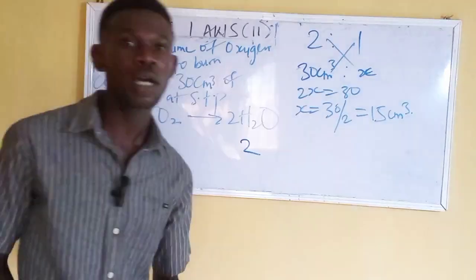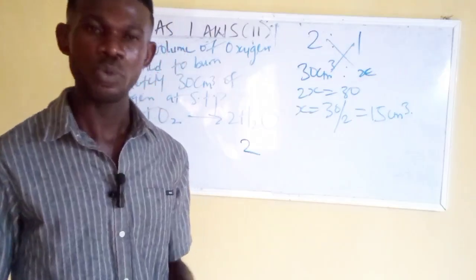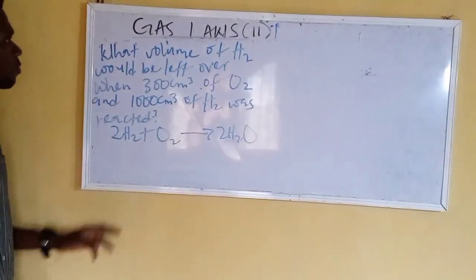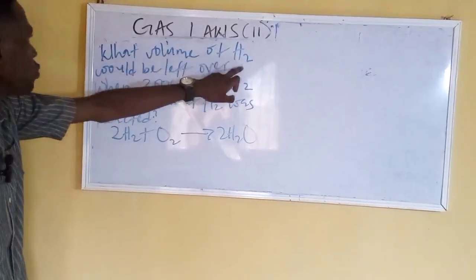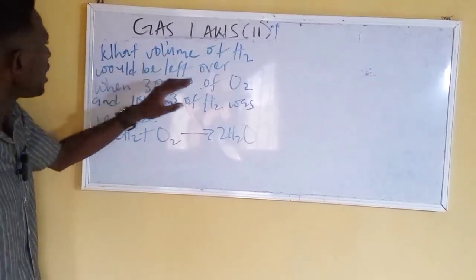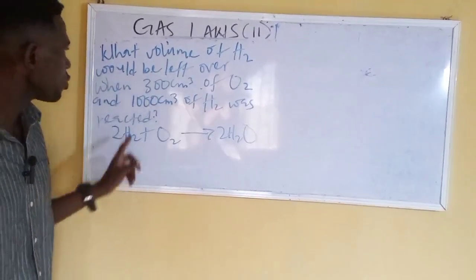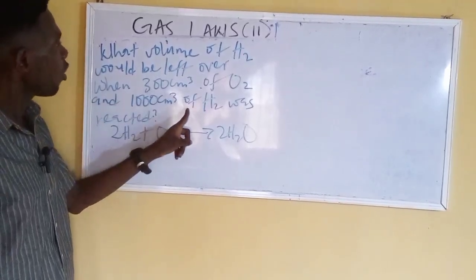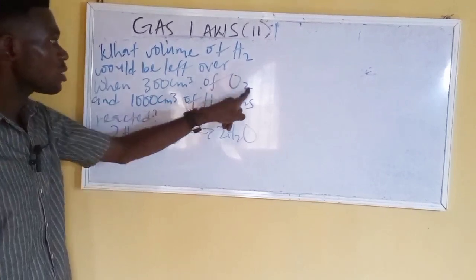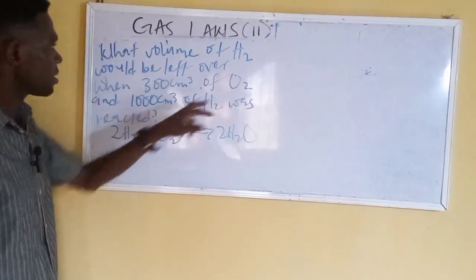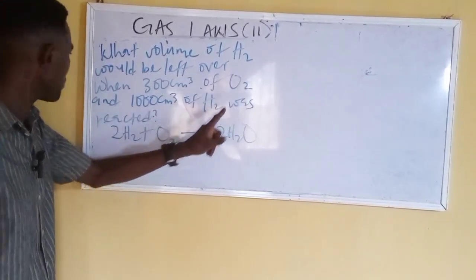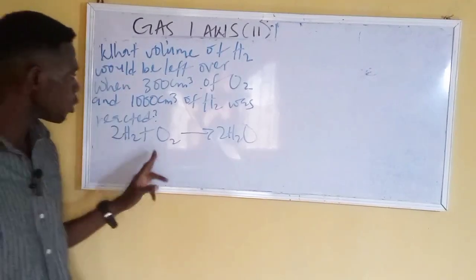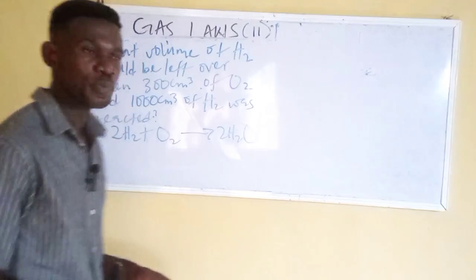Now we're going to do one more calculation, and we call it a wrap. Now let's have a look at this question. What volume of H2, which is hydrogen gas, would be left over when 300 centimeter cube of O2, which is oxygen gas, and 100 centimeter cube of H2, which is hydrogen gas, was reacted? Now, given this equation, 2H2 plus O2 giving 2H2O.